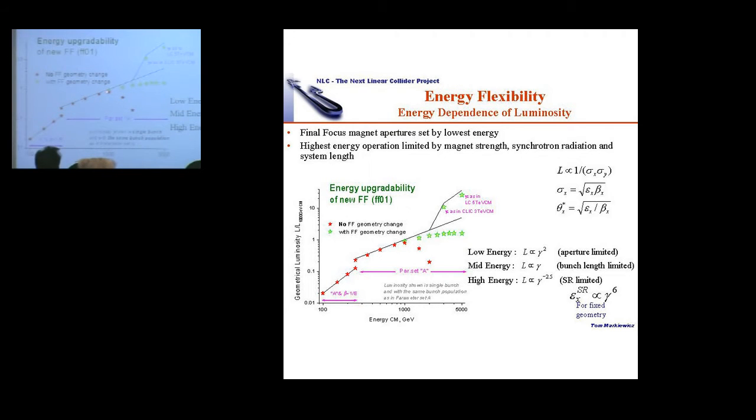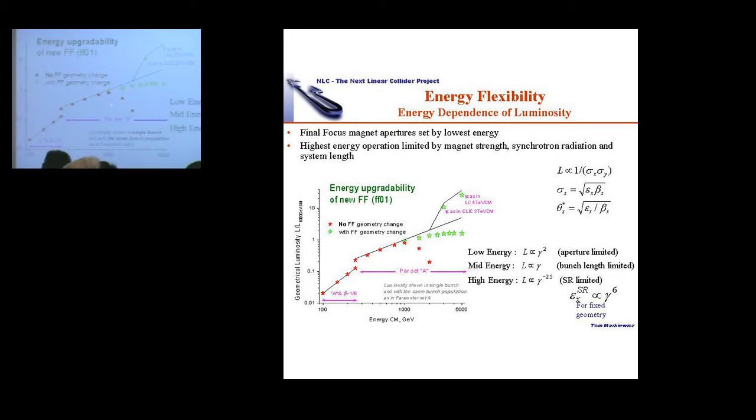Once you get to a place beyond that has bends that you have not foreseen in your design, the luminosity starts to roll off. If these are soft bends in the final focus and you've decided to raise the energy, you can go into your tunnel, realign things, flatten those out and have a geometry change.